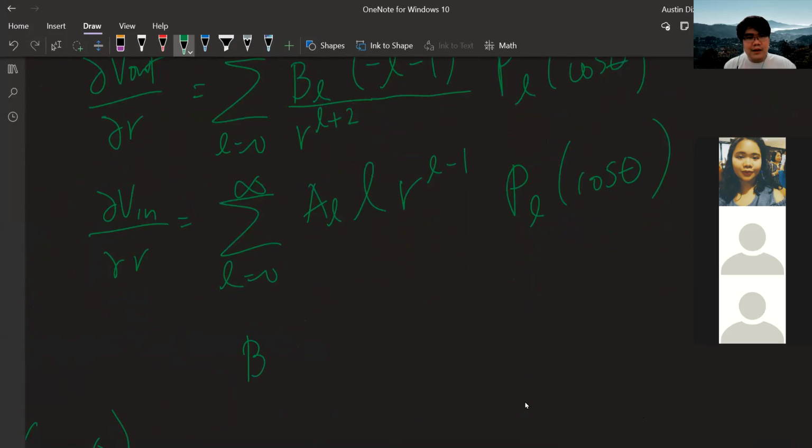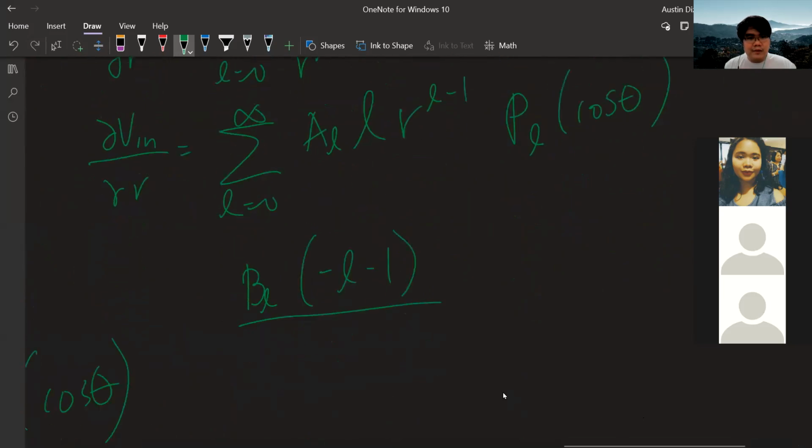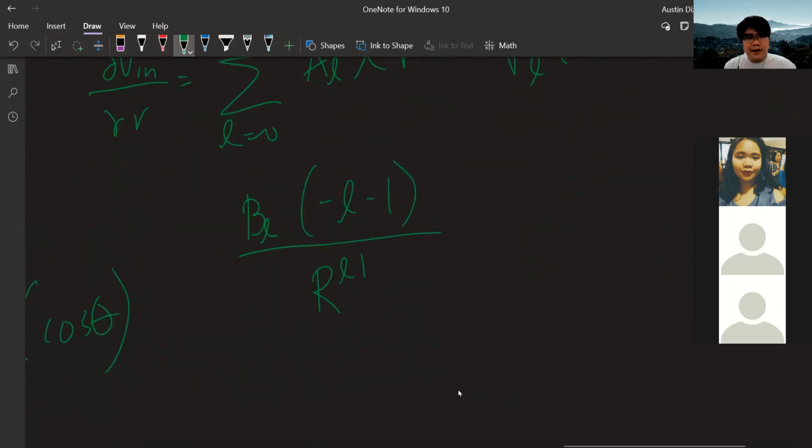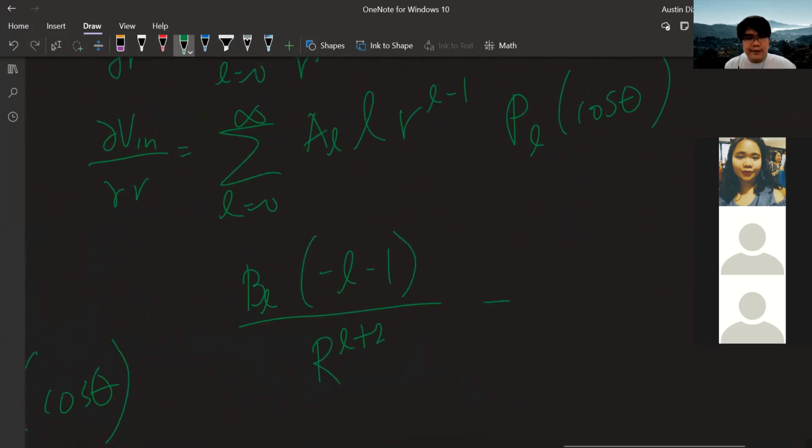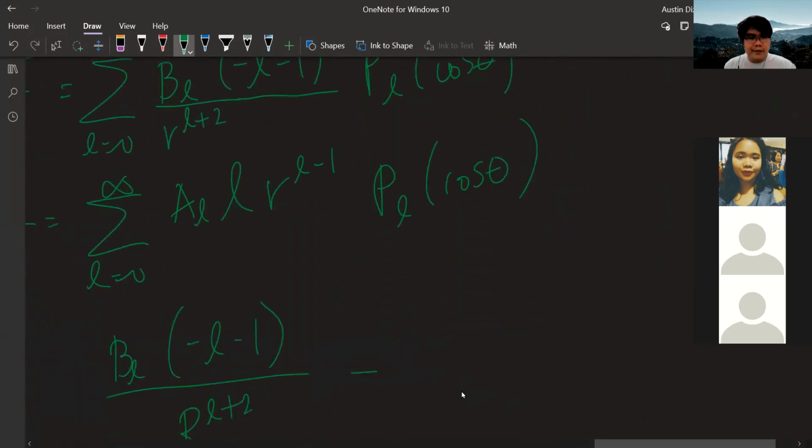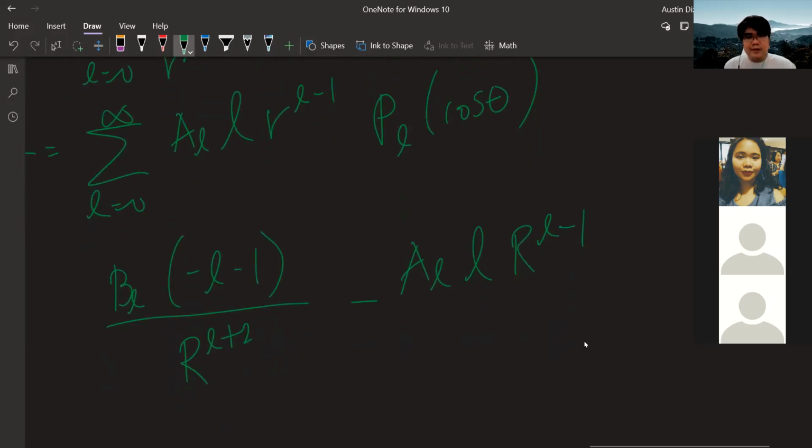So B, L, negative L, at of course capital R is 2 minus AL, L must be equal to capital R, L minus 1, PL, cosine theta.